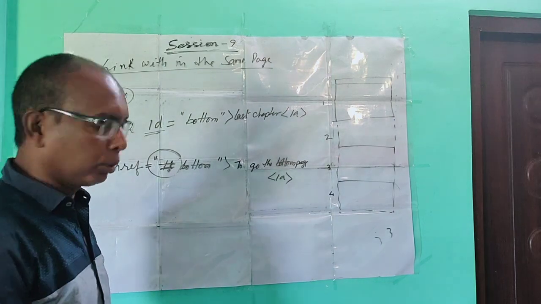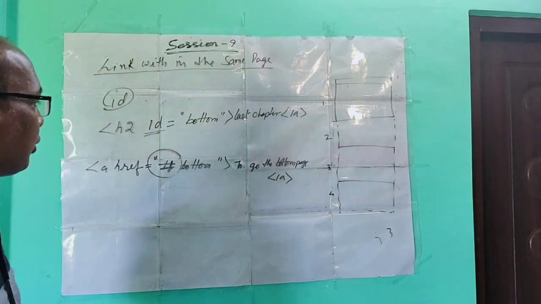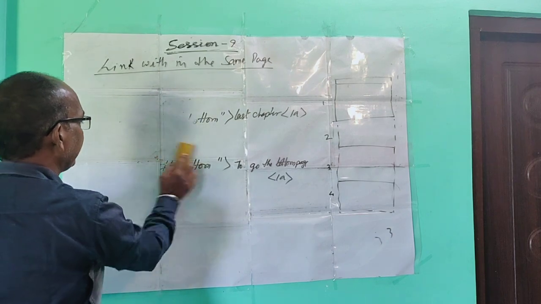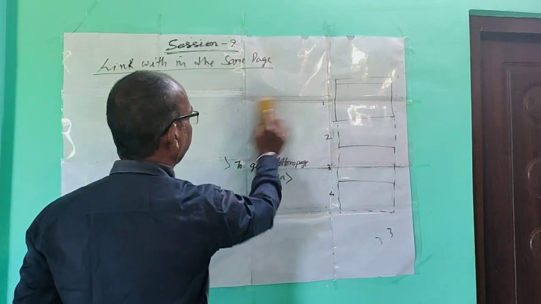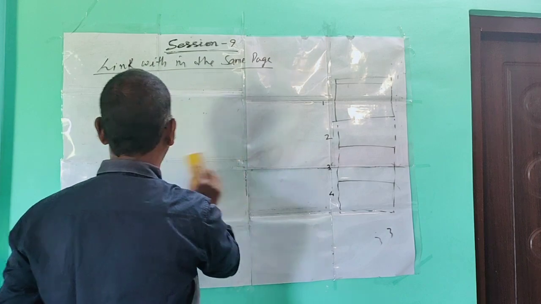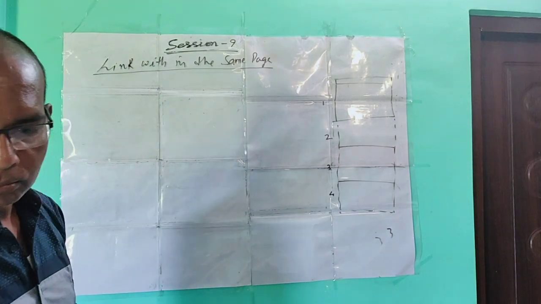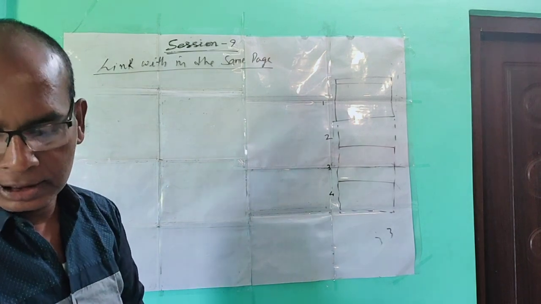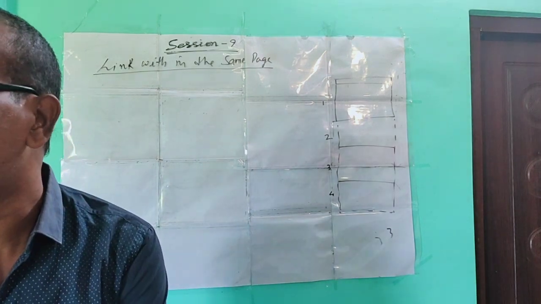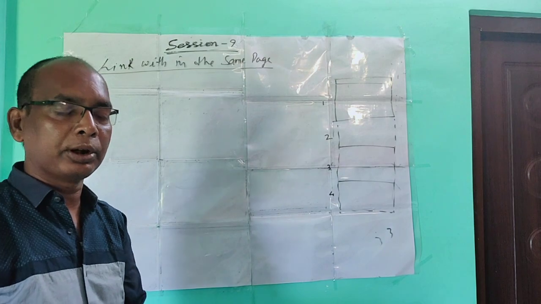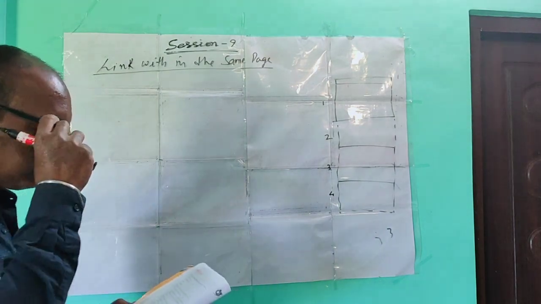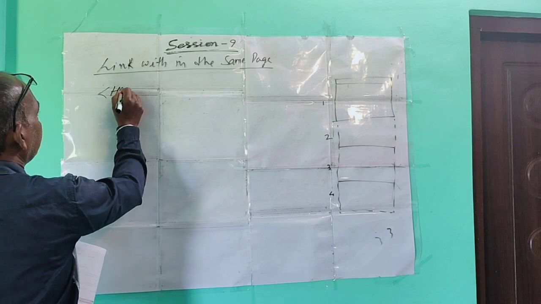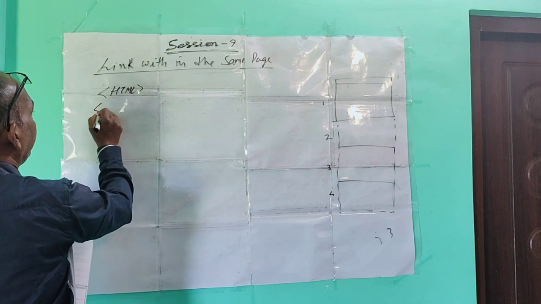Okay, now I'll show you one example which will help you to understand the programs. If you look through the book, on page number 76, the program is given. I'm not writing the whole program, I'm just giving the hints. After HTML, then body.